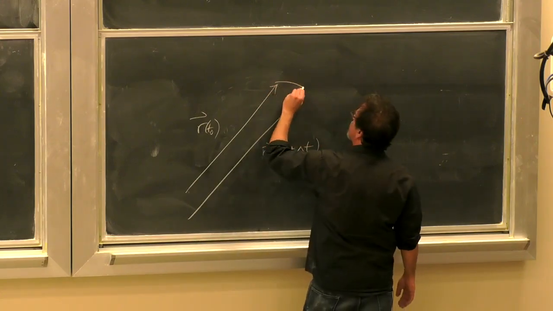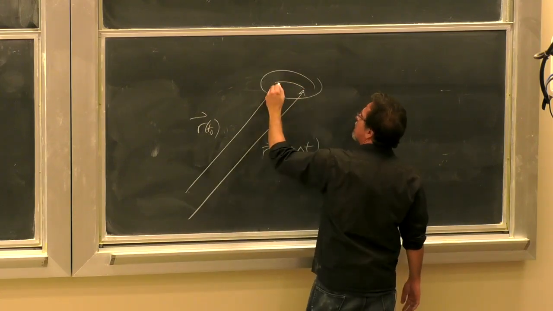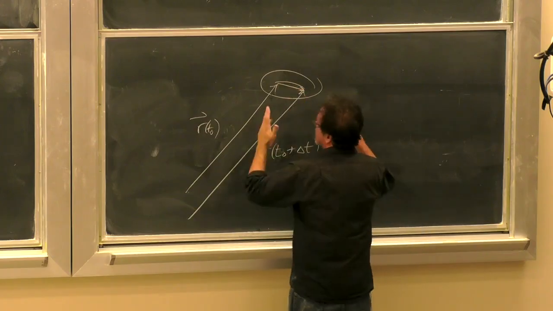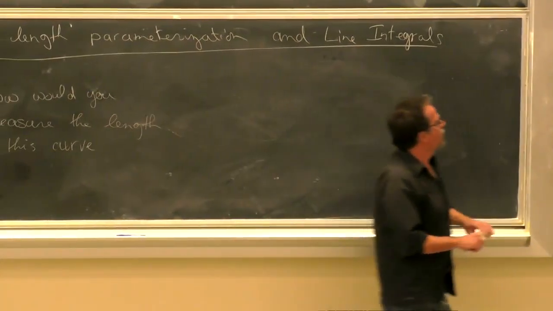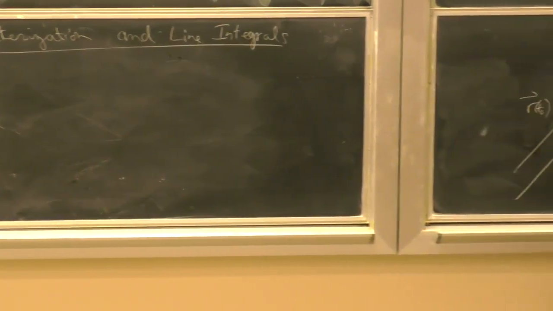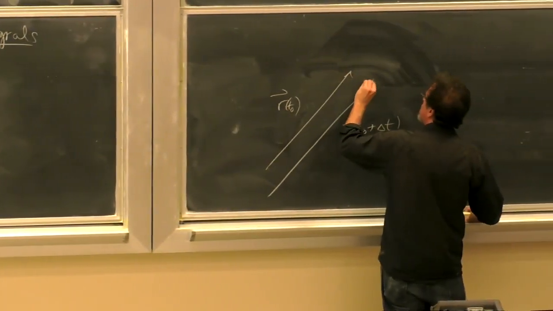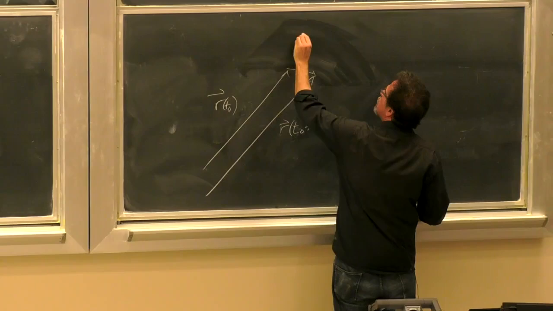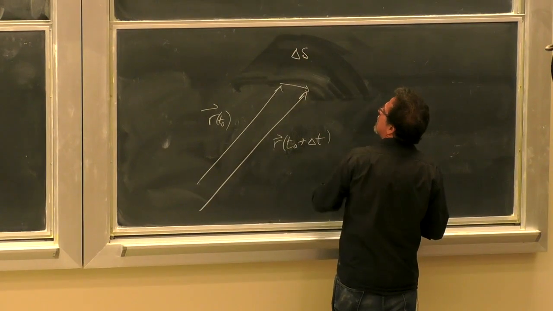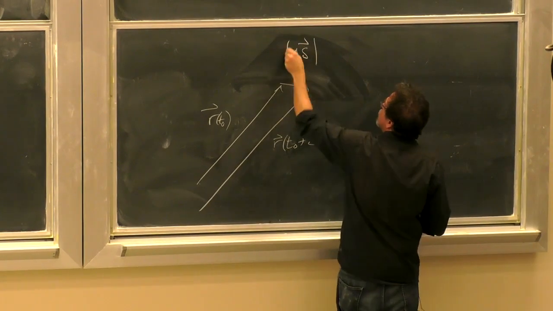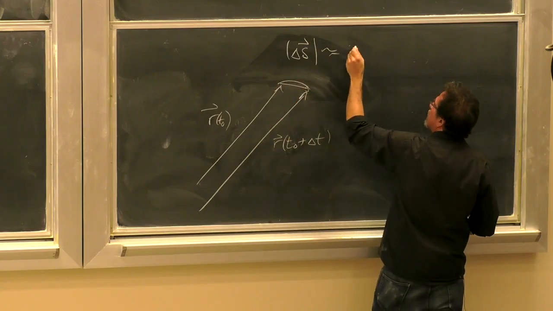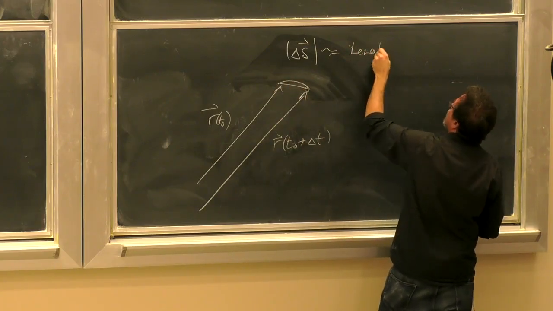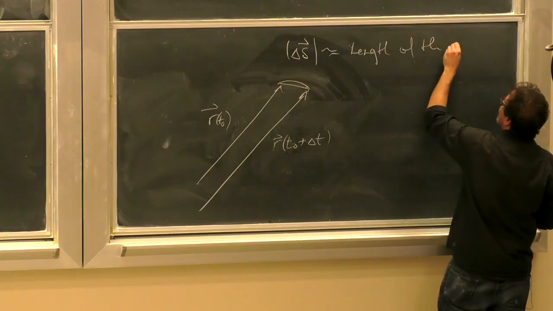So there's a segment of the curve there, and that straight line from the two ends of those two arrows, which is the delta S vector, the magnitude of that is approximately equal to the length of the curve between them.